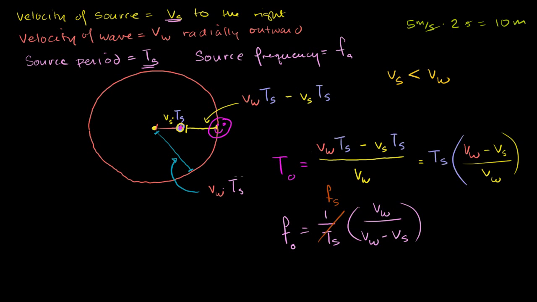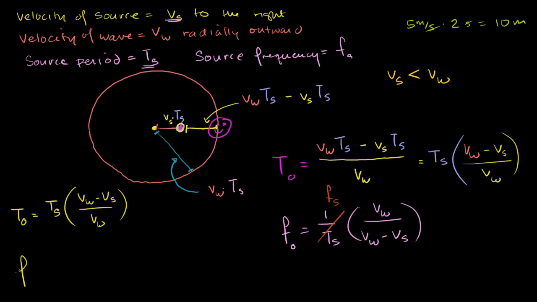We have our two relations, at least if you are in the path. If the velocity of the source is going in your direction, then we have our formulas. And I'll rewrite them. The observed period of the observer is going to be the period from the point of view of the source times the velocity of the wave minus the velocity of the source, divided by the velocity of the wave itself.